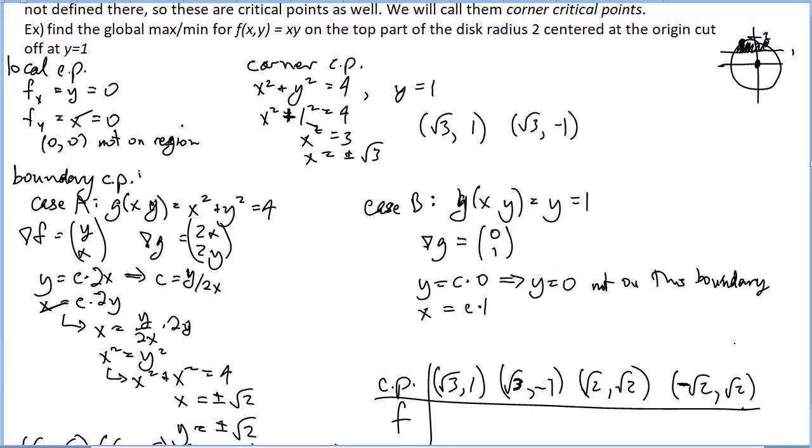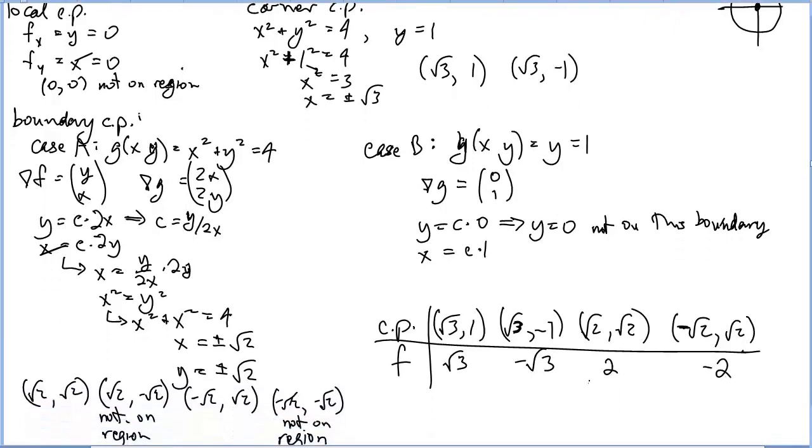So the function values for the first critical point, √3, second critical point, negative √3, third critical point, we get 2, fourth critical point, we get negative 2. And just by a quick comparison, there's our global max, the value 2, and there is our global min, the value negative 2.